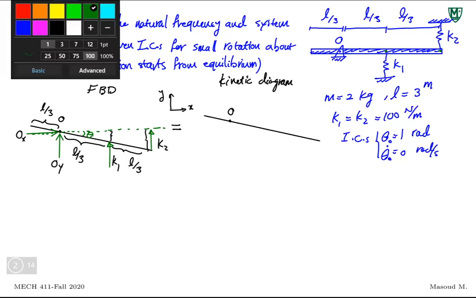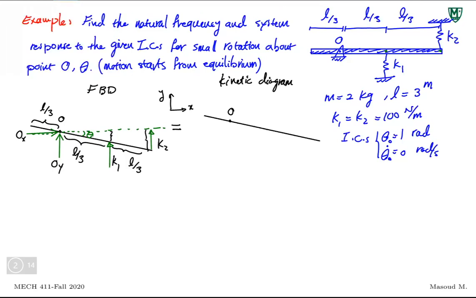Let me see if I can use a different color so things are less confusing. Now, this length and this length, and also these two black lengths, I actually don't know. I'm just going to use some parameters.